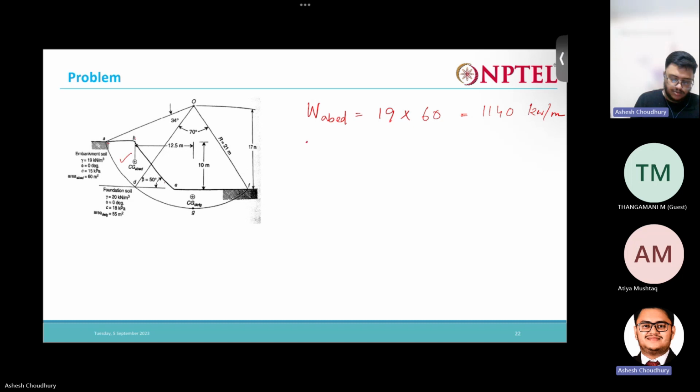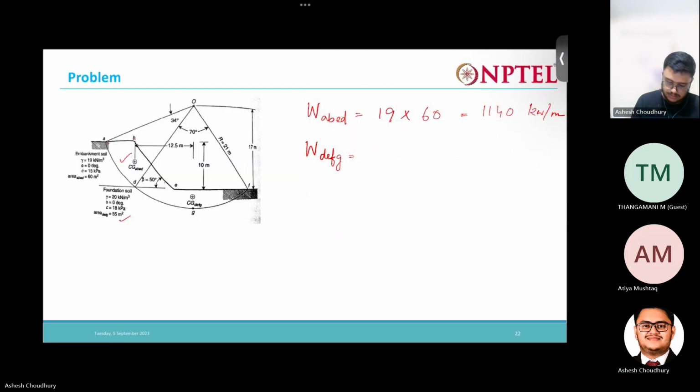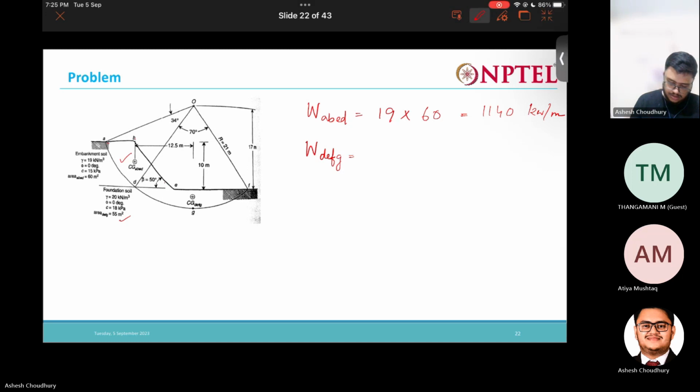Then we have the weight of the second mass, which is its area times 20.